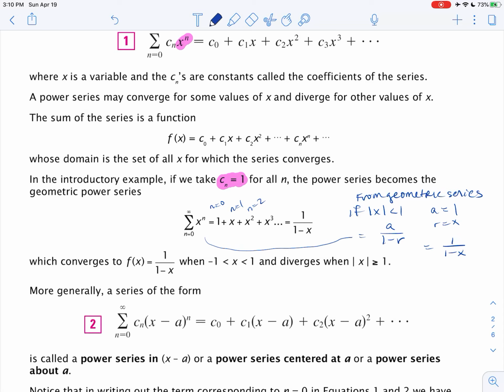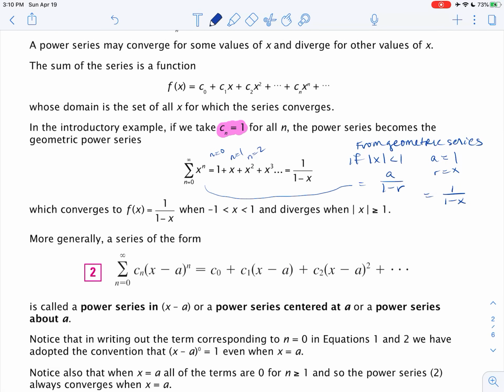Good. But a power series in the most general form would be almost like a horizontal translation of our original power series, c sub n times x to the n. If we were to horizontally move it by a units, let's say for instance a was equal to 2, and we moved it to the right by 2 spots, then we would get c sub n times x minus a to the n, and that is your most generic power series.